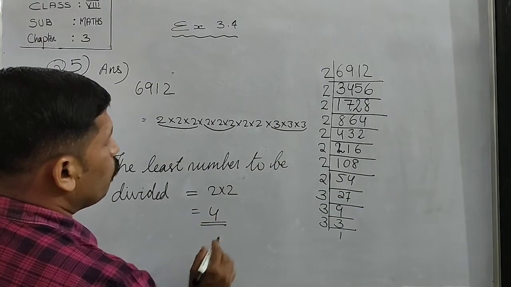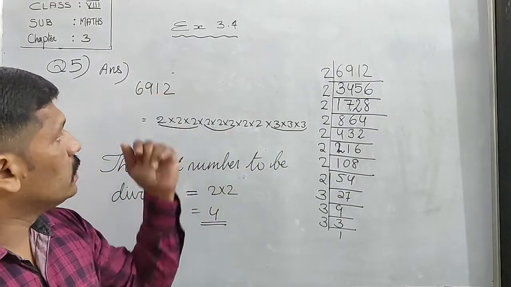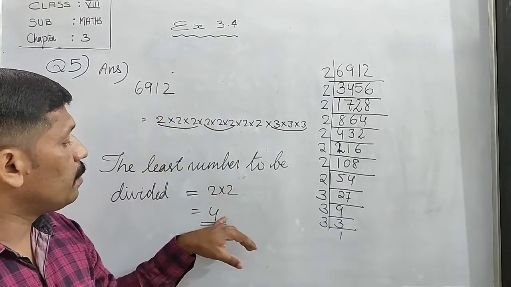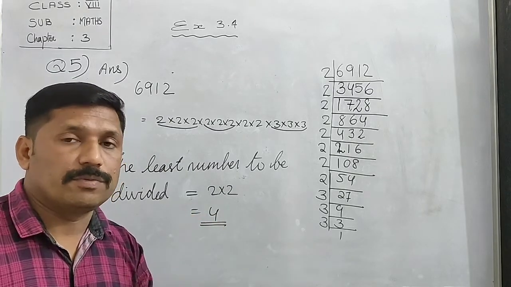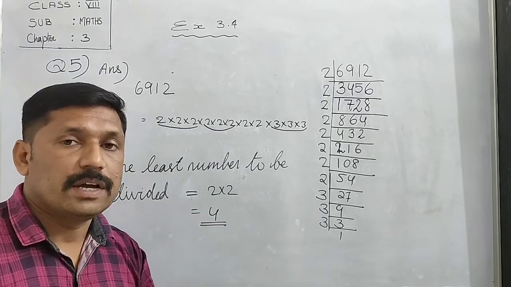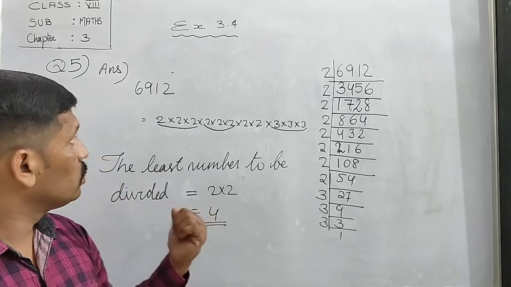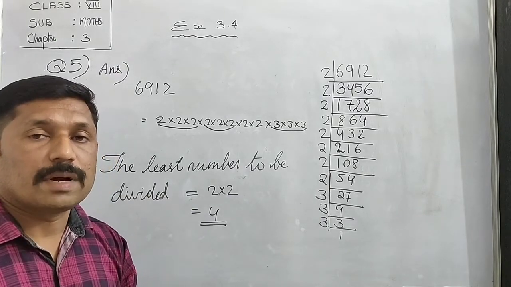So 4 is the least number to be divided in order to make this number a perfect cube. If we divide this number by 4, then the resulting number will be a perfect cube, not a perfect square, a perfect cube. So students, I think that you understood that. Like that, one more question, question number 6, is just like this only. That is homework for you.